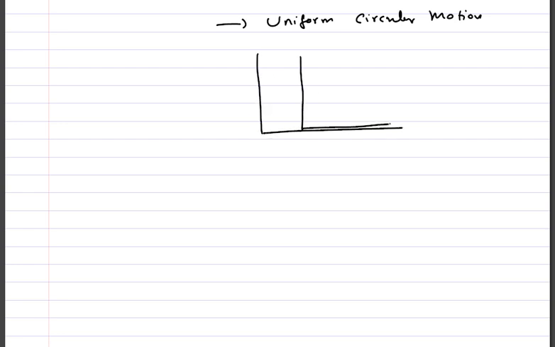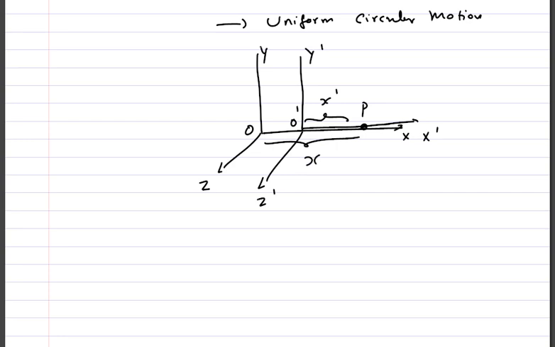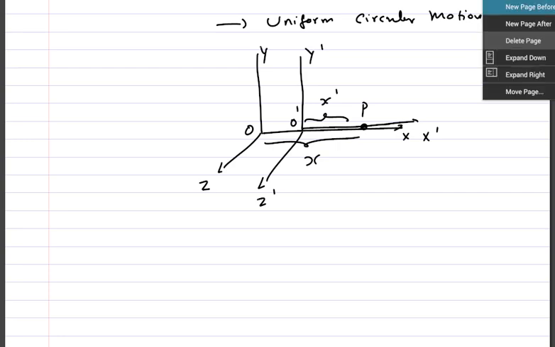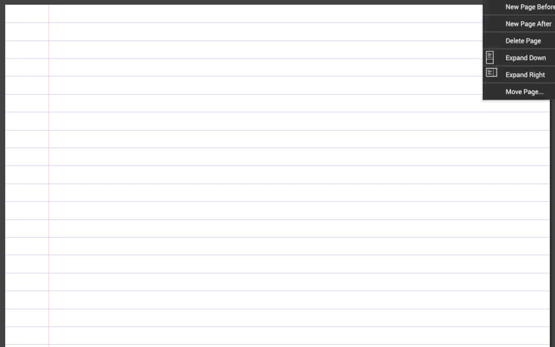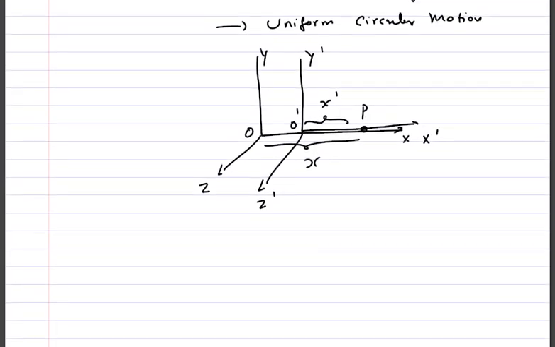As before, we need 2 frames of reference: y, y dash, z, z dash, x dash, o dash, and we take a point P here, which is at a distance of x dash from o dash and a distance x from o. Just a minute, I just want to add a few pages to this, otherwise it will be annoying in between. I think we have a sufficient number of pages.